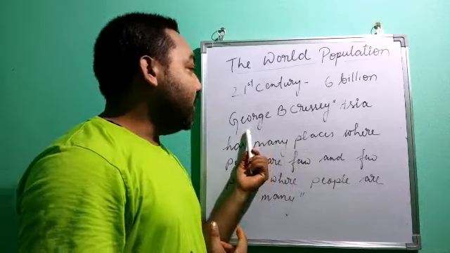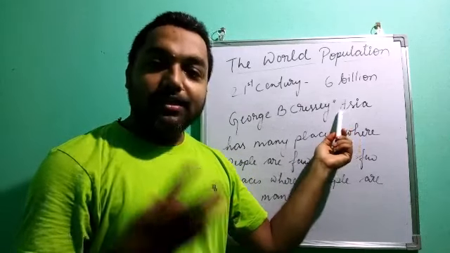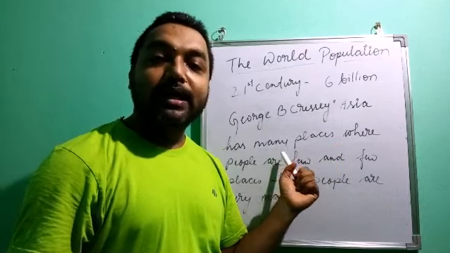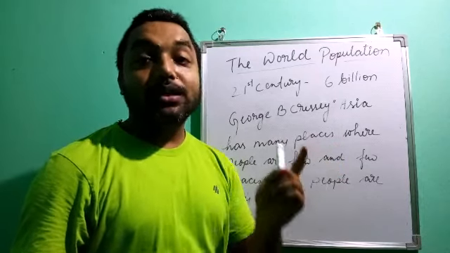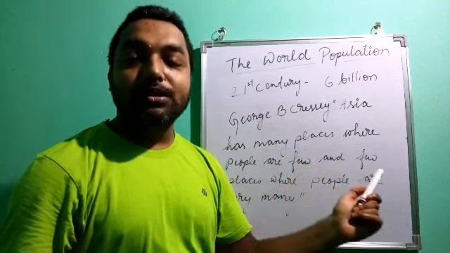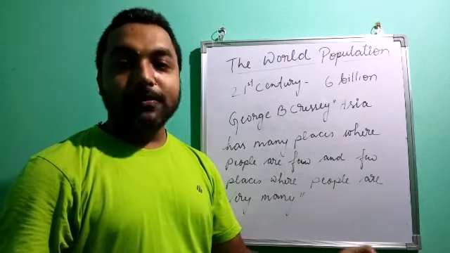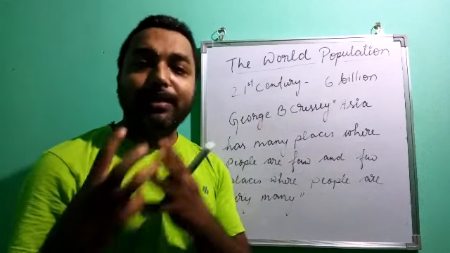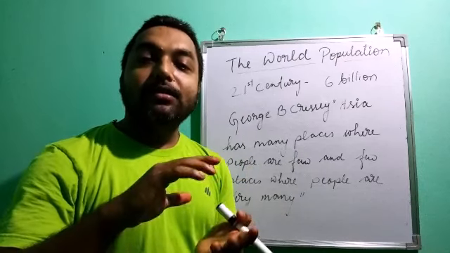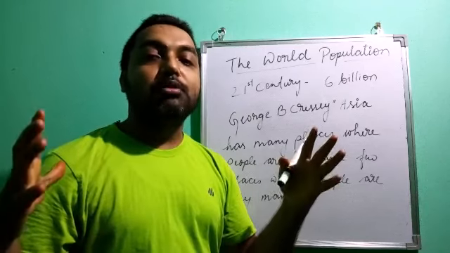According to the geographer George B. Cressey, taking the example of Asia, there are many places where the population is very few, and on the other hand there are only a few places where a very huge population is found.